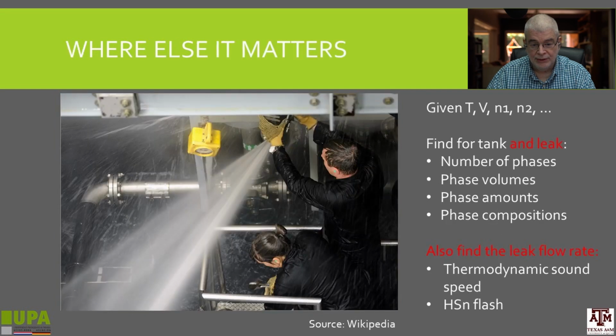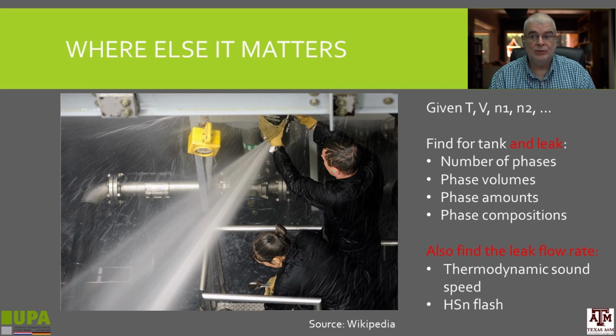But not only this one, where else does it matter? For example, if you have a tank, but now this tank is leaking, in addition to knowing the properties of the fluid within the tank, the same properties as we discussed before, the phase amounts, volumes, compositions, and so forth, you also want to know the same information for the fluid that's leaking from the tank.